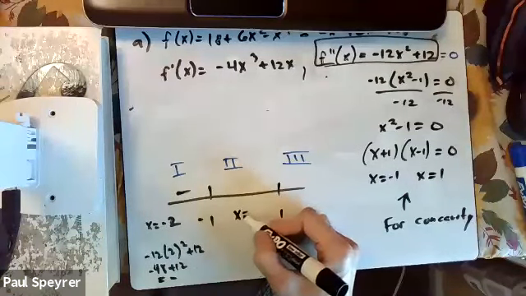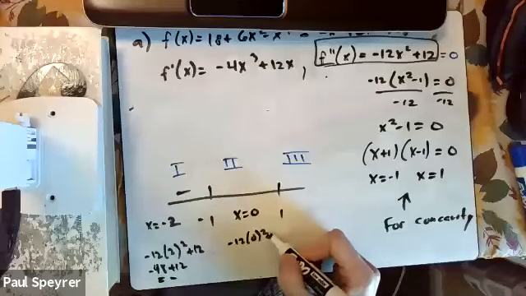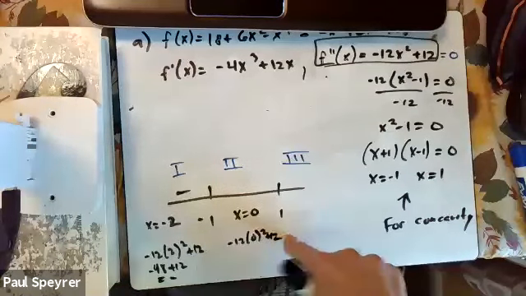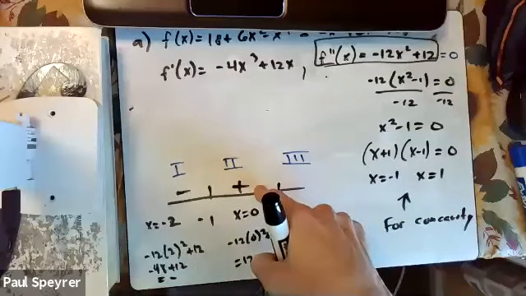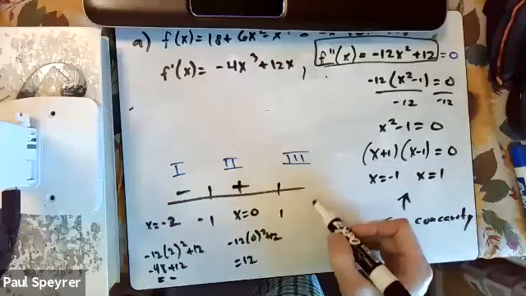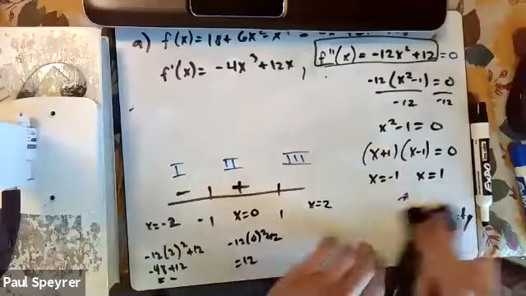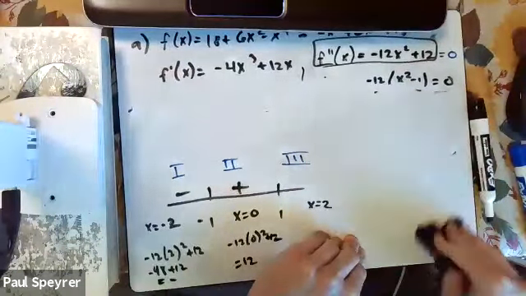What about at x equals 0? Well, if we plug 0 in, you get 0 squared is 0 times negative 12 is 0 plus 12 is 12. That's positive. So we know we're going to be concaving up between negative 1 and 1. If I choose something bigger than 1 for the third region, like x equals 2, then we have negative 12 times 2 squared plus 12.